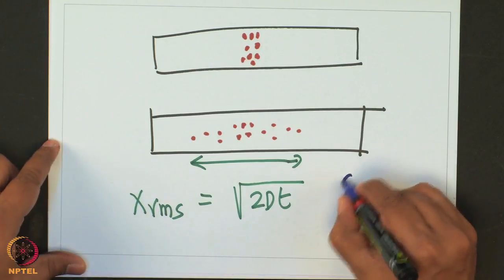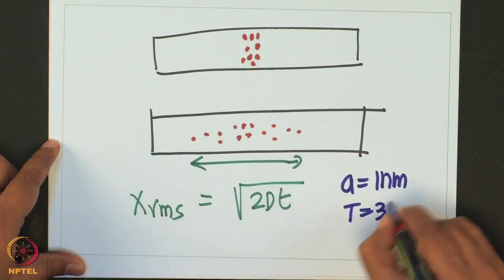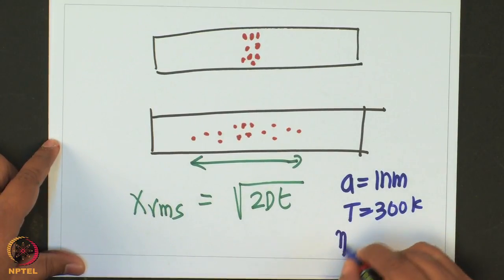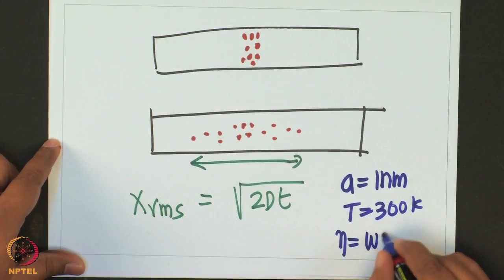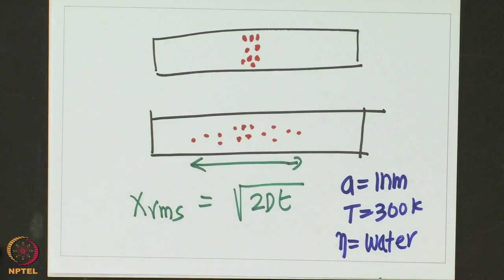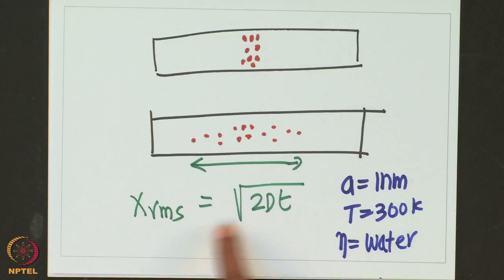So let us assume a protein having diameter 1 nanometer at 300 Kelvin, and the viscosity of water which is 10 power minus 3 SI unit. Then we will ask the question, how much will it spread? What is the spread we can measure?